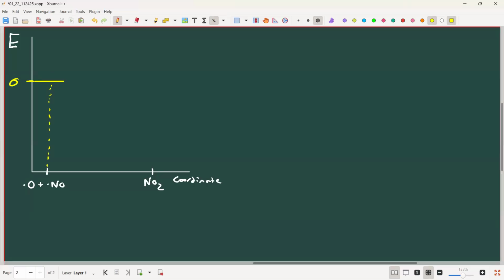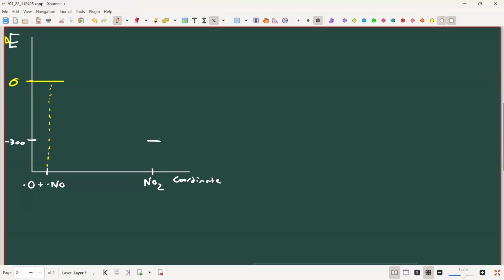You don't have to do that. We should say this is delta E rather. And our NO2 is at minus 300. Way down in energy. So much down in energy, I should just break my scale a little bit. This reaction just takes this state and then just goes straight down in energy like this.